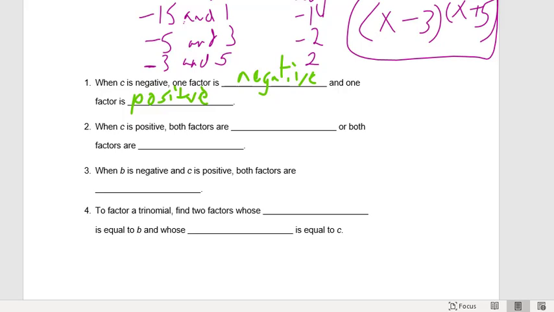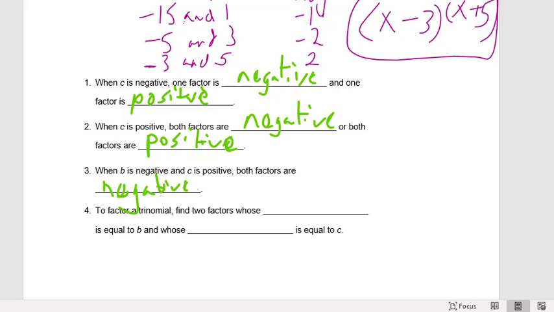When C is positive, both factors are negative or both factors are positive.